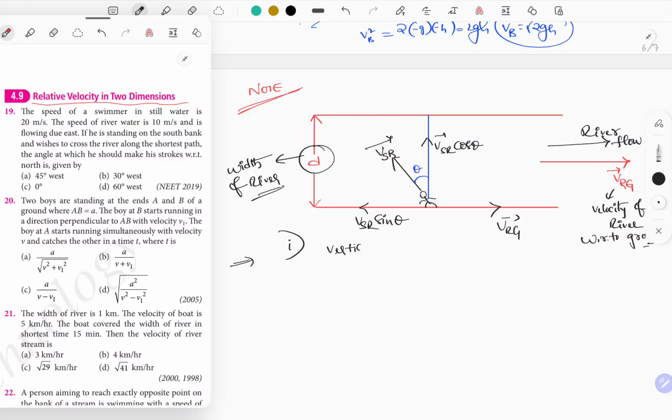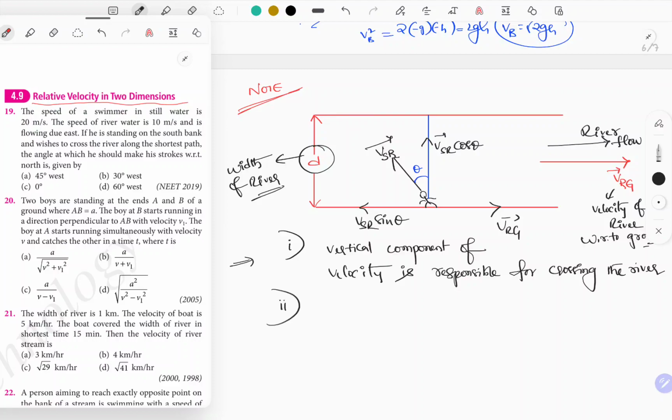The very first point you have to remember: the vertical component of velocity is responsible for crossing the river. Remember this point.